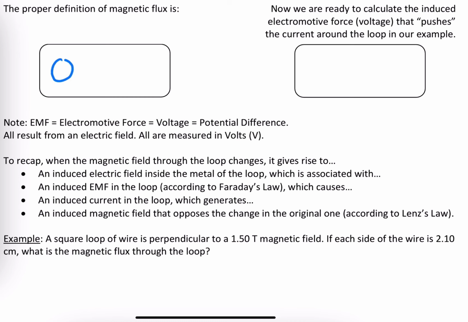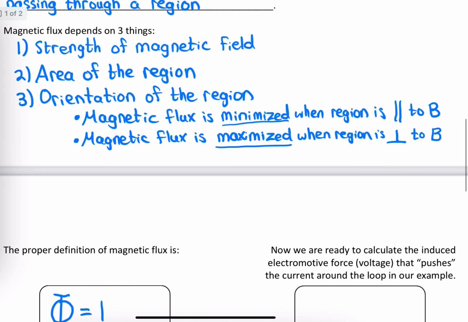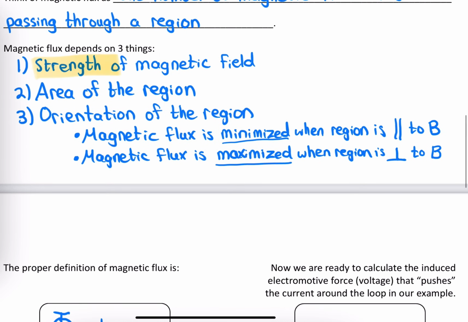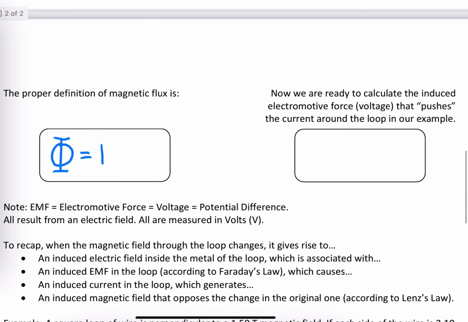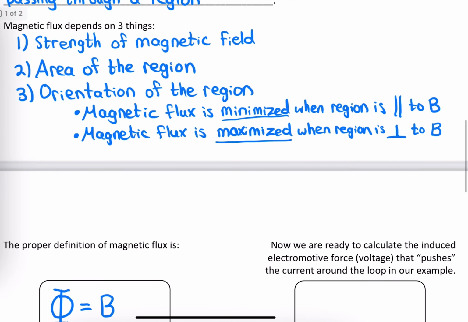The symbol we use for magnetic flux is the Greek letter phi. It's uppercase. And so, as we said over here, the magnetic flux will depend on the strength of the magnetic field, for which we use the letter B. We also said the magnetic flux would depend on the area of the region.